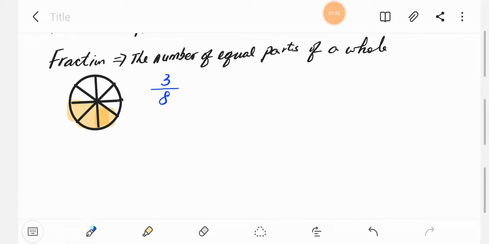In this fraction, the number in the upper part is called the numerator, and the bottom number is called the denominator.